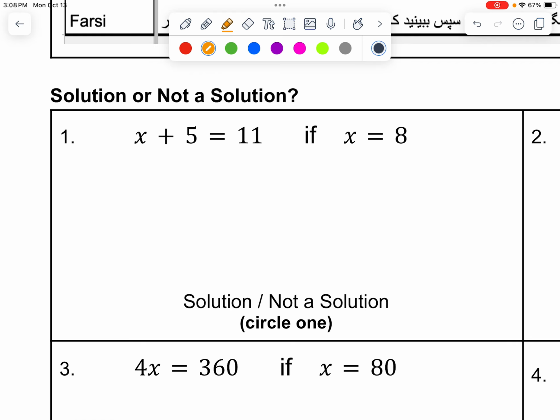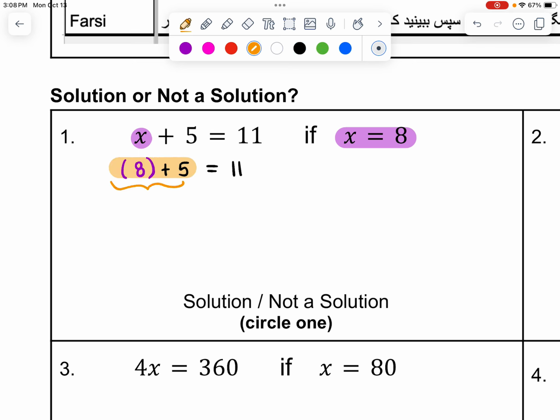X plus 5 equals 11 if x equals 8. X is 8. So I will substitute parentheses 8 and then copy plus 5 equals 11. Now I will check the left side.